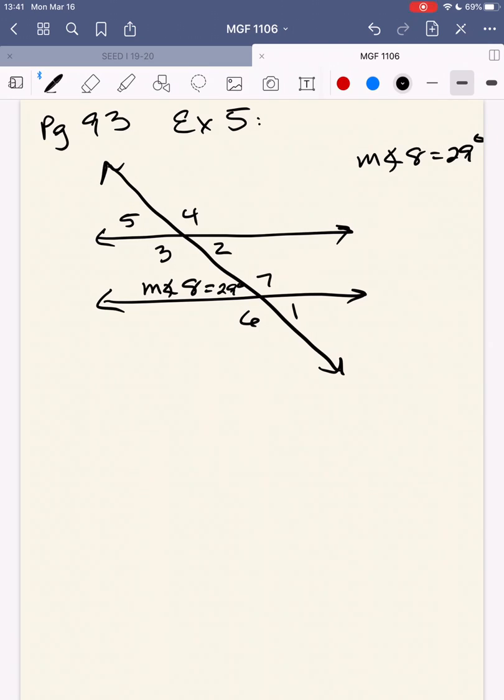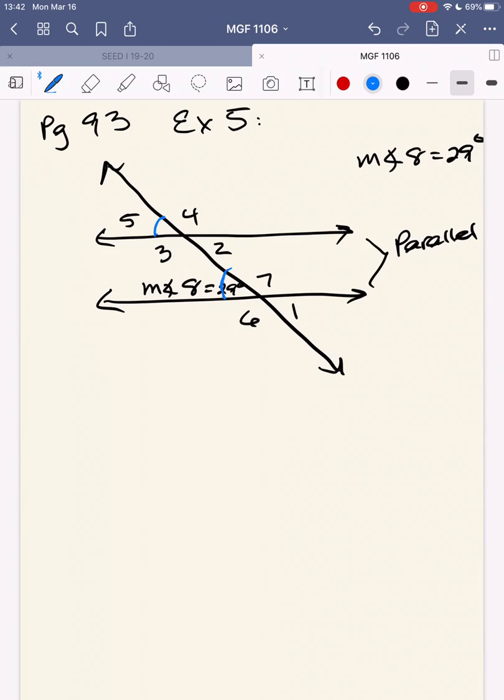Now, they did tell us that these are parallel lines. And that's important. They have to be parallel in order for what we're doing to work. Okay? So I know that if angle 8 is 29 degrees, I know according to my rules that angle 5 has to be the same.